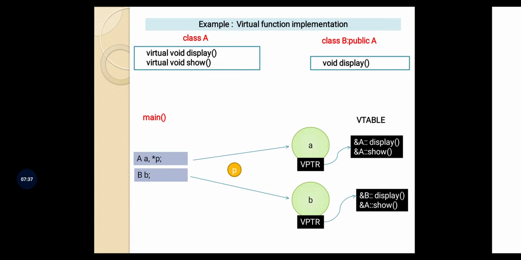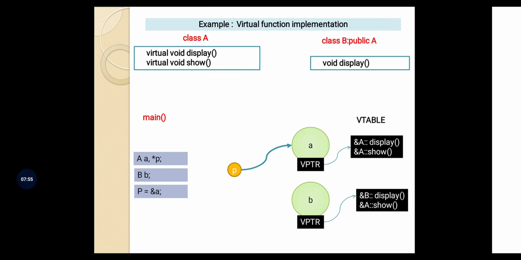Now let's try and do polymorphism. What happens? First, when we take the pointer of the base class and point to the object of the base class itself, this pointer will point to the object of A. Now when this pointer is pointing to the object of A, this A object contains a VPTR which knows the address of only these two functions, which is display and show.